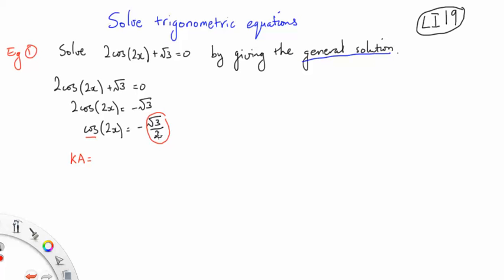What is that angle? It's pi on 6, or 30 degrees. Cos of pi on 6 is root 3 on 2. That's why you need to memorize those exact values. Cos of 30 degrees is root 3 on 2. Cos of pi on 6 is root 3 on 2. Alright, so that's our key angle.